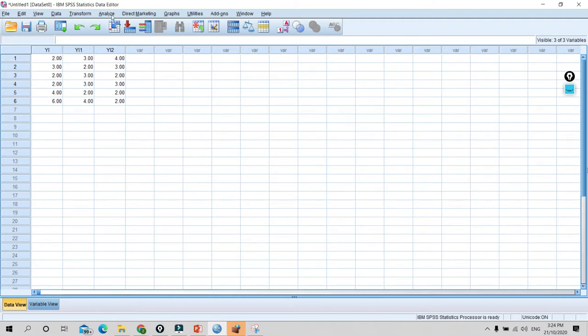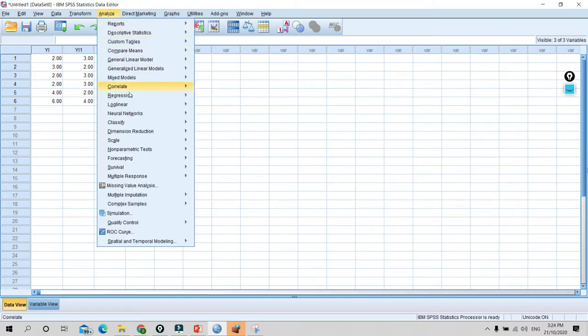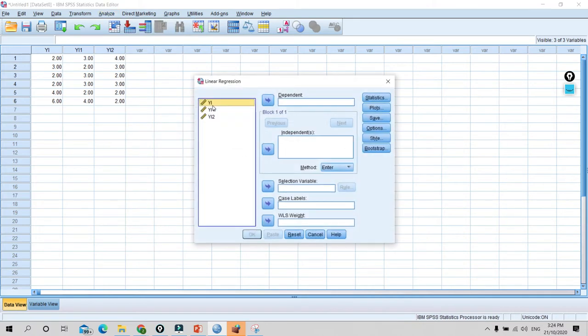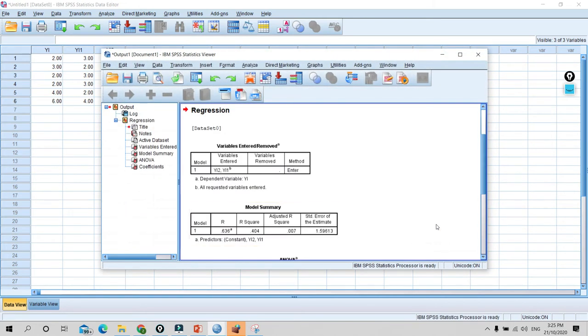To find the result using auto regression, we go to regression, then linear regression. Your dependent variable is y i, and your independent variables are y i minus 1 and y i minus 2. Just run it, and this is the result.